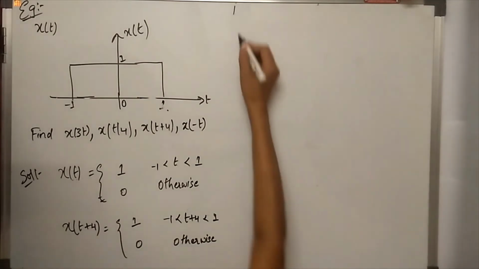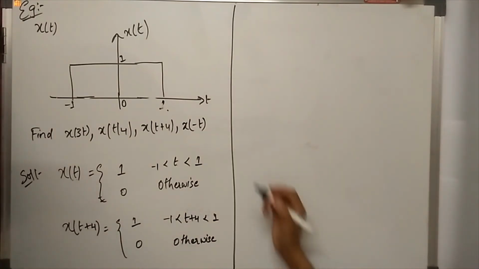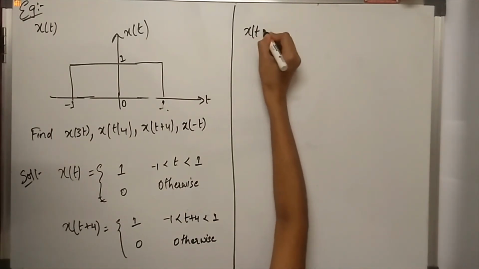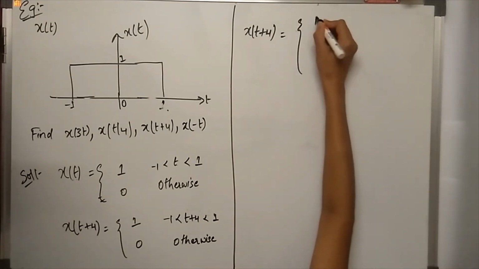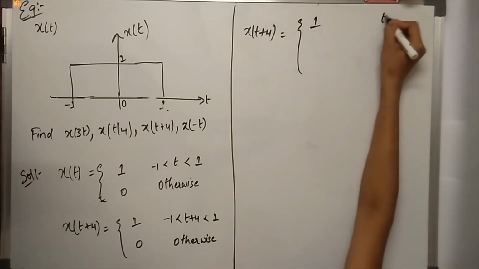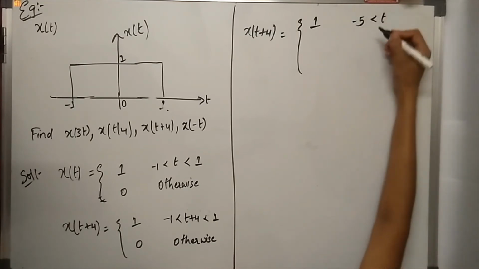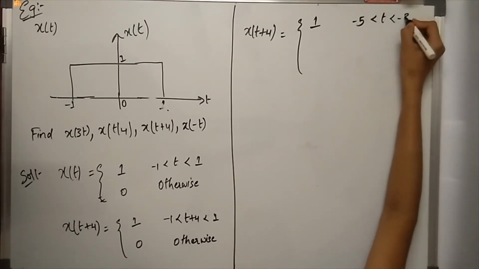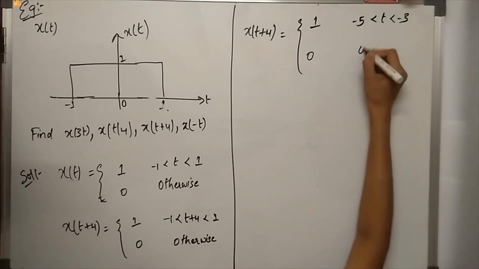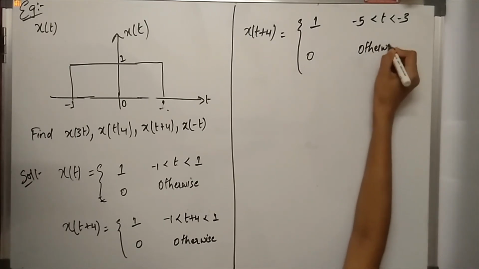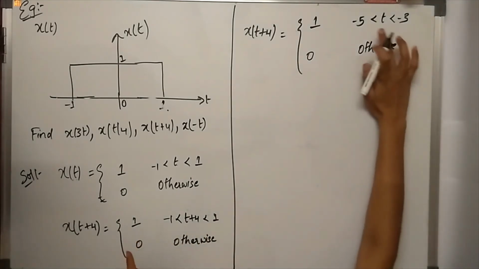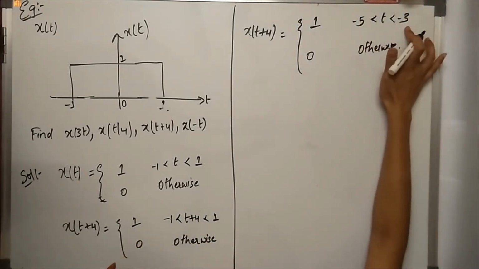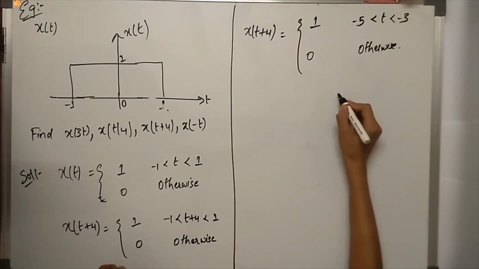So x of t plus 4 is equal to 1 for t greater than minus 5 and less than minus 3, and 0 otherwise. I'm just rewriting t plus 4 between minus 1 and 1 as t between minus 5 and minus 3.